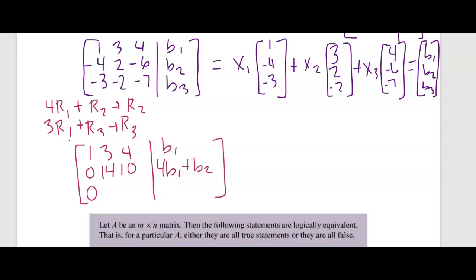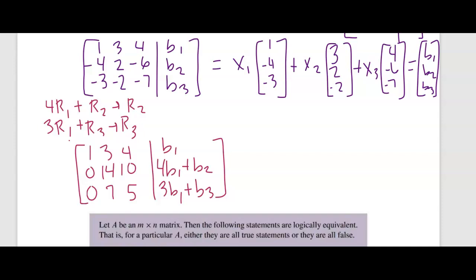Because I don't really know what b1 and b2 are, they're just going to stay like that. All right, 9 minus 2, 12 minus 7, and 3b1 plus b3.